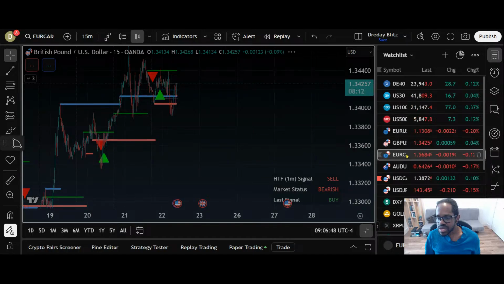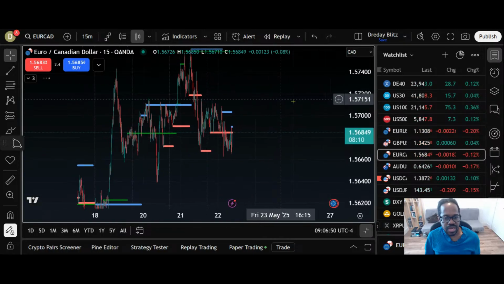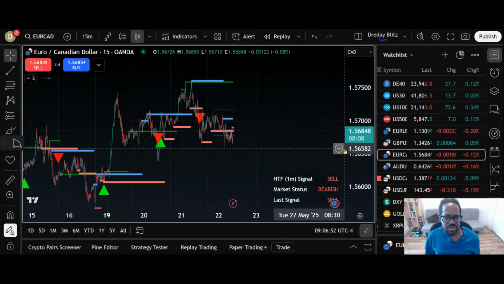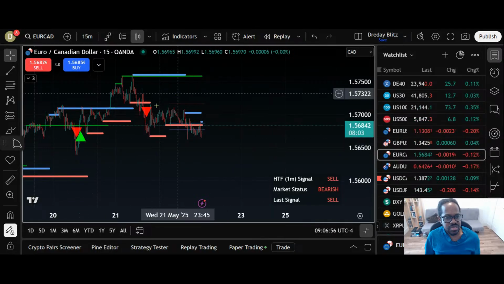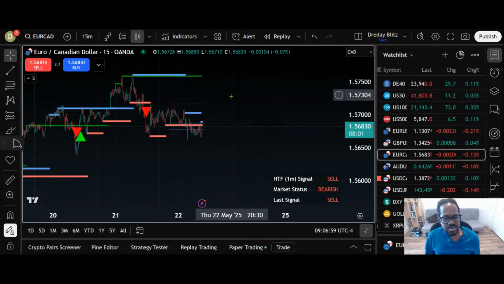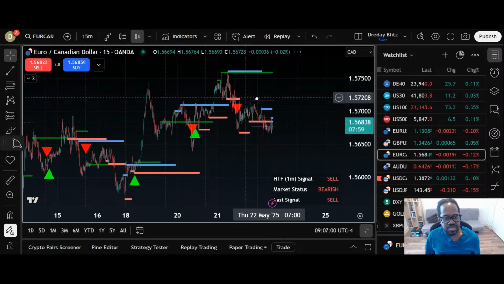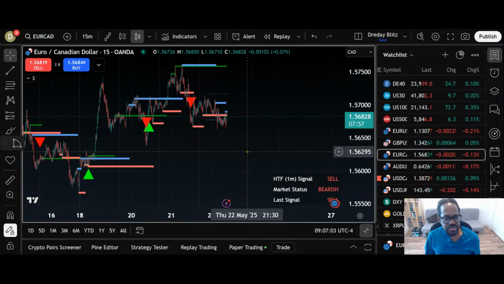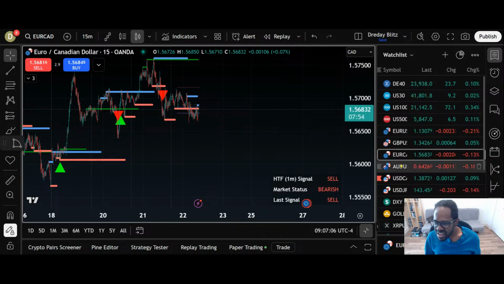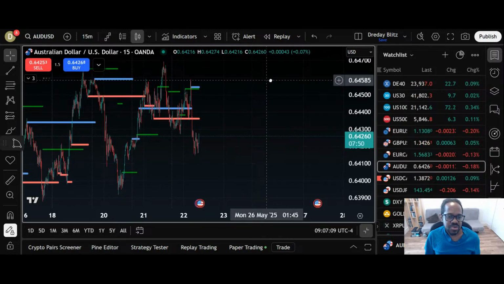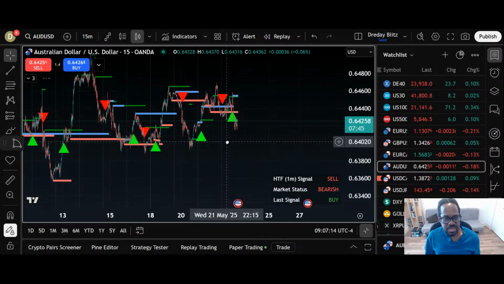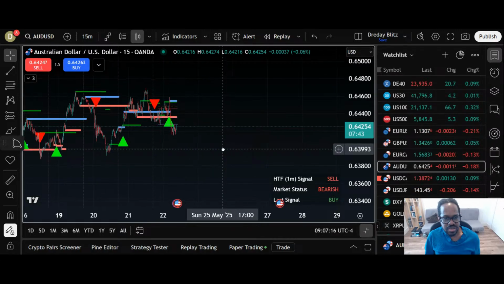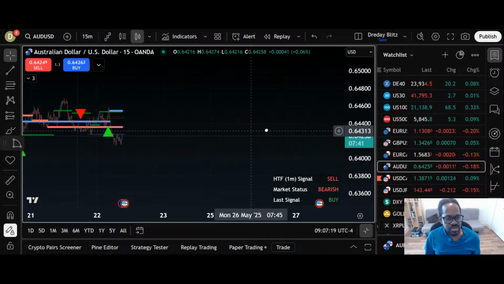And let's look at the EURCAD. EURCAD has been bearish from here. Now it basically consolidated a little bit, so we're going to see exactly if it's going to break on the downside for a sell. And let's take out EURAUD. EURAUD should be a sell too, since DXY is going long currently.